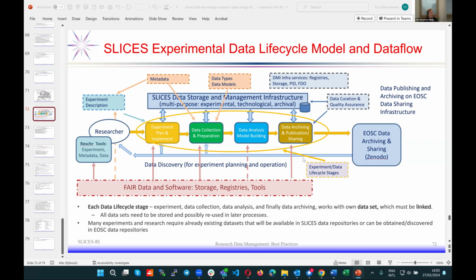I have one question for you. We now have an initial plan in CONVERGE, and I think that we will continue with that. But if you are looking from the viewpoint of SLICES, should we have data management plans for the use cases?